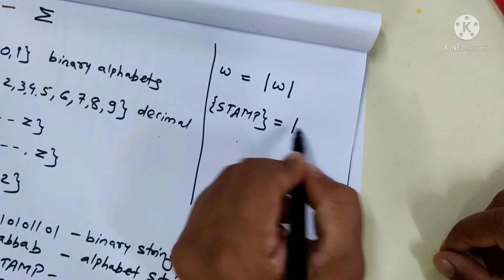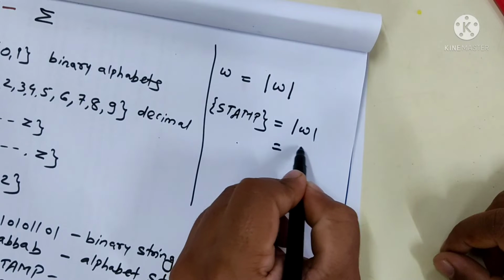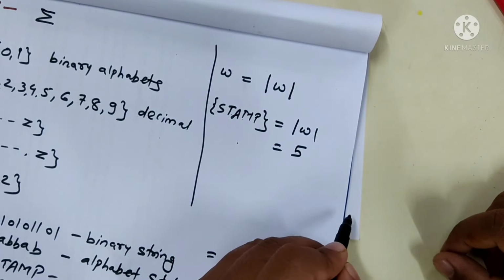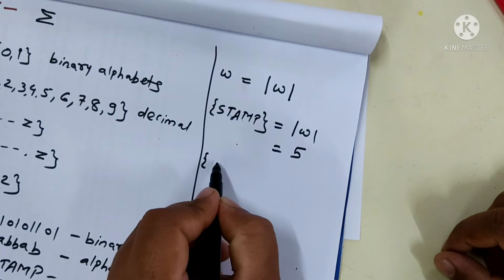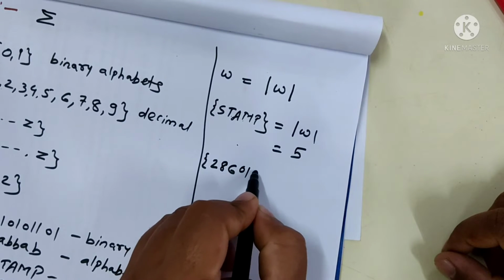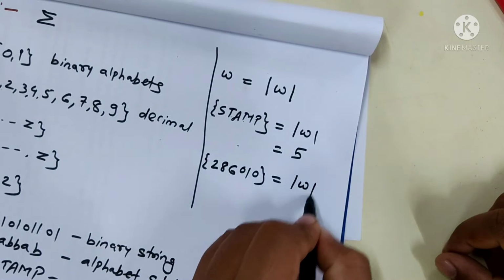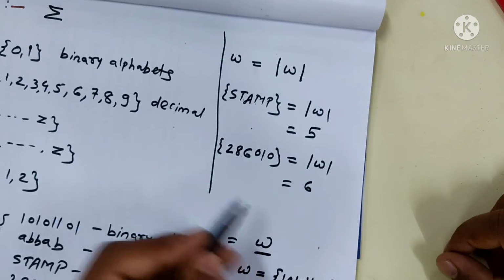The count of the string is 1, 2, 3, 4, 5. So the length of the string is 5. Similarly, suppose 286010. The string length is 1, 2, 3, 4, 5, 6. So 6 is the string length.